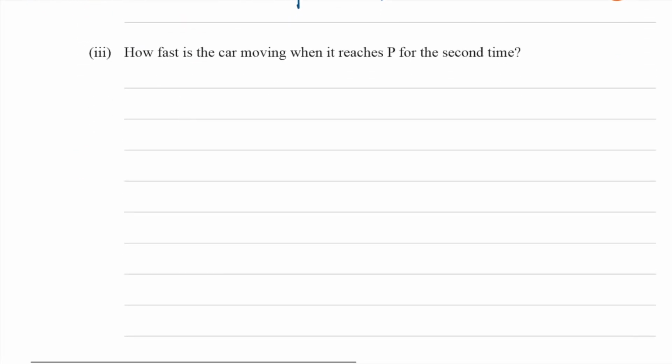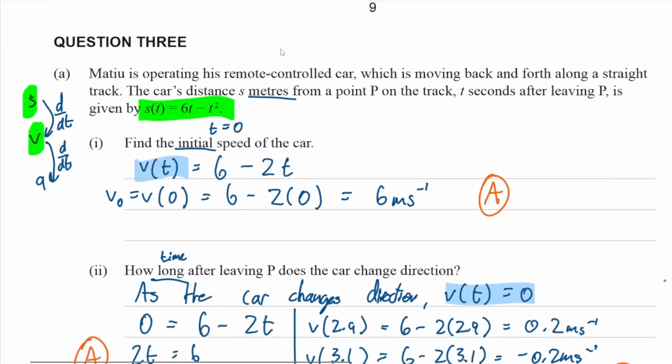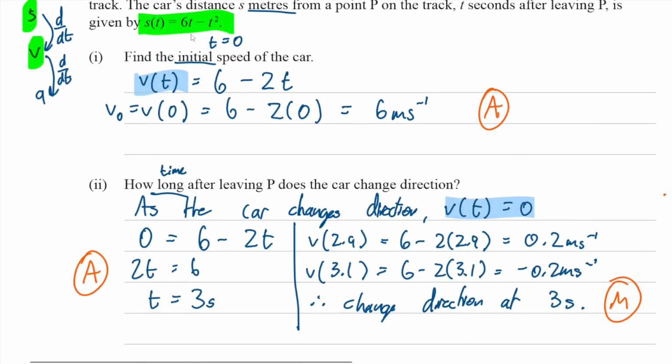Alright, part 3. So part 3 is asking how fast is the car moving when it reaches P for the second time. So, to find the time at which it reaches P for the second time, remember P is the initial distance of 0.